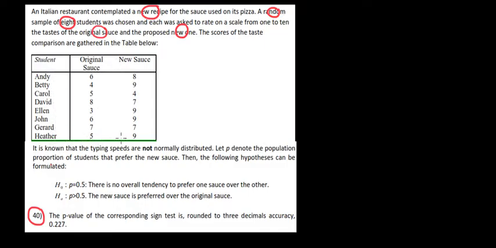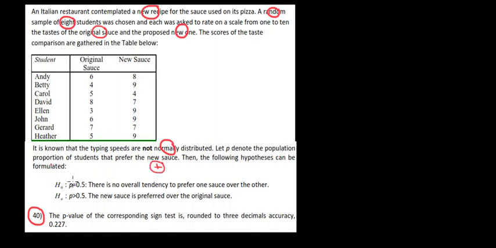We also know that the values, the scores basically, are not normally distributed. Then we have the proportion that denotes the population proportion of students that prefer the new sauce, meaning that the difference in scores is the positive one when the new sauce has a higher score than the original sauce.